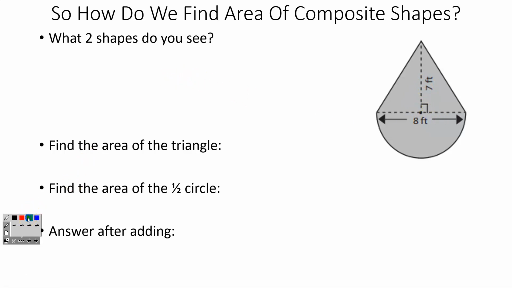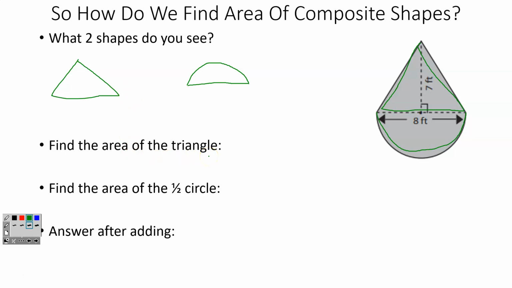So what two shapes do I see? Well, I see a triangle, so I'm going to draw a triangle. And I see a half circle. Ooh, a half circle. I don't know if I can do a half circle. Close enough. Okay, well, find the area of the triangle. We know how to do that.